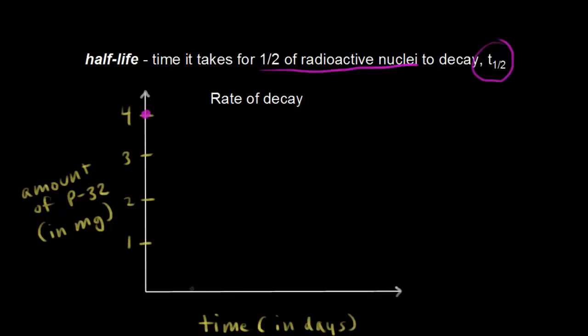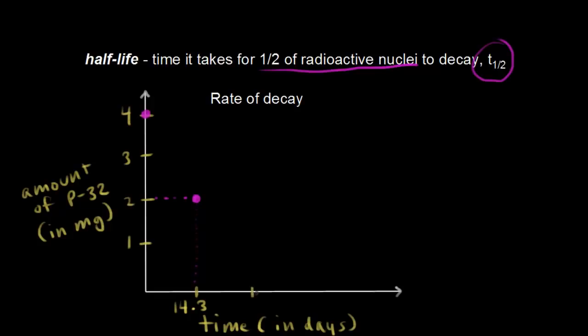So we wait 14.3 days, and half of our sample should be left. So what's half of 4? It's of course 2. And so we can go ahead and graph our next data point. So there should be 2 milligrams left after 14.3 days, so that's our point. All right, we wait another 14.3 days, so we wait another half-life.